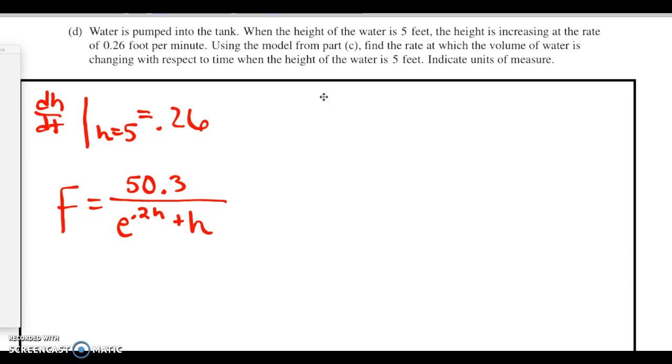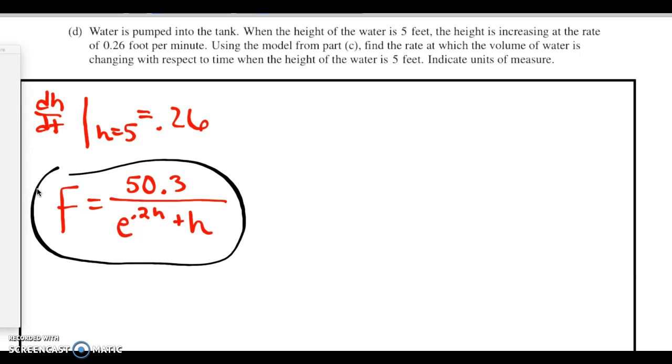Okay, so once again, we're looking at our functions. f is the area based on height. And dh/dt is what they gave us. They want us to find df/dt when h is equal to 5.